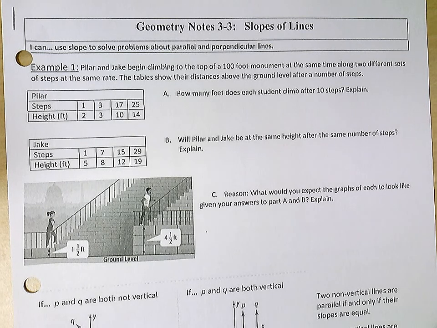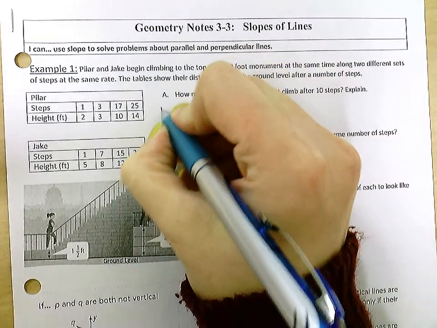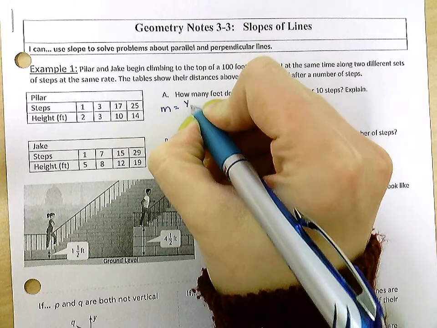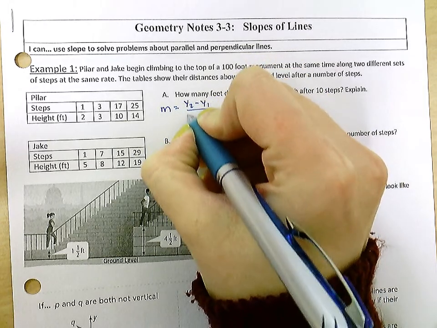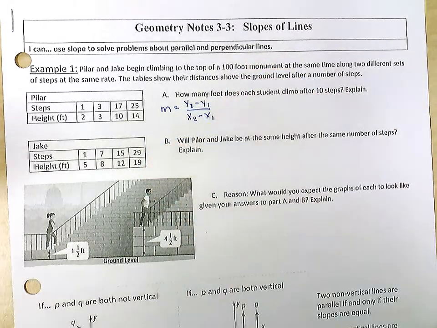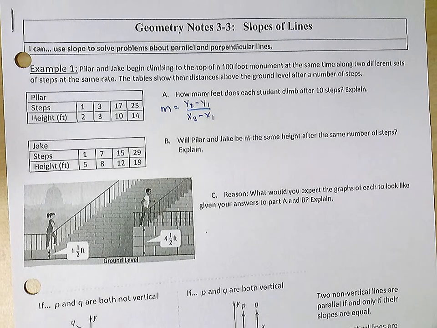First we want to figure out what their rate of change is. Recall that finding the slope is your change in y over your change in x. In our tables here, your change in y is your height, how high they would be climbing, and your change in x is your steps.